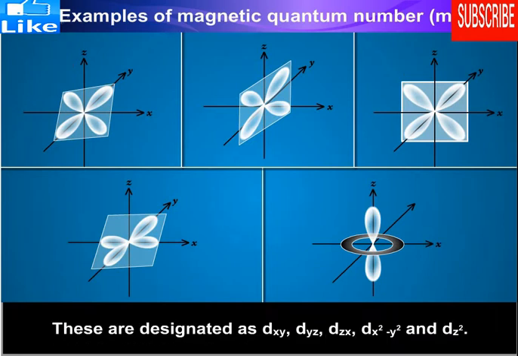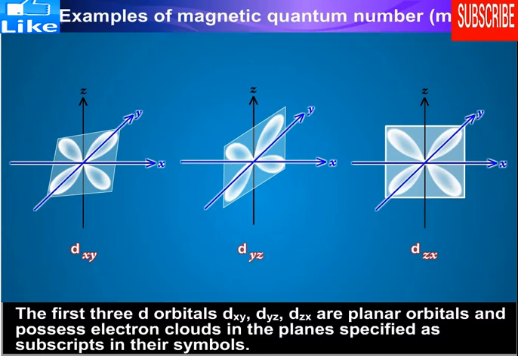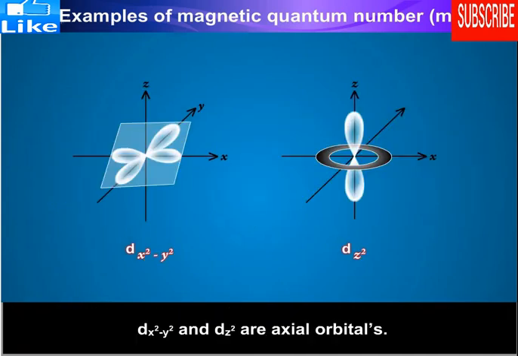These are designated as dxy, dyz, dzx, dx square minus y square, and dz square. The first 3 d-orbitals, dxy, dyz, dzx, are planar orbitals, and possess electron clouds in the planes specified as subscripts in their symbols. dx square minus y square and dz square are axial orbitals.